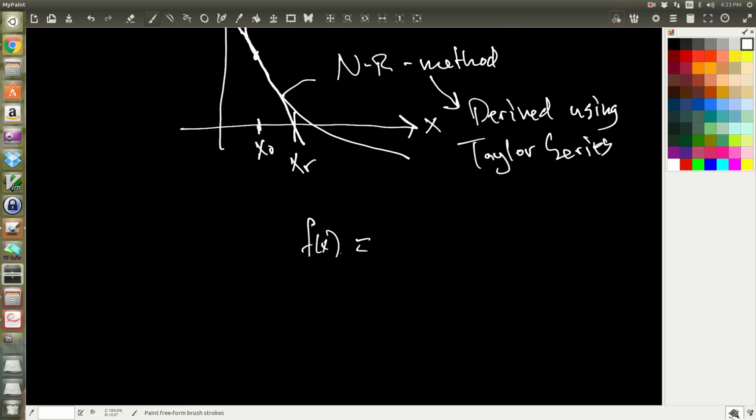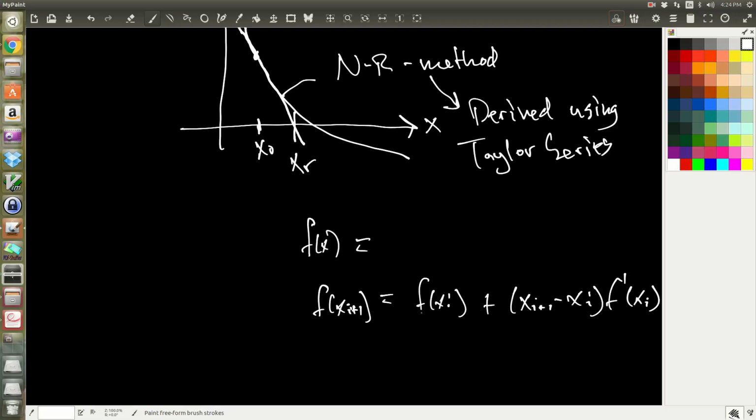We can do that by writing out the Taylor series. So let's do this for f of xi plus 1. So our next guess was equal to f of xi plus xi plus 1 minus xi times f prime at xi.